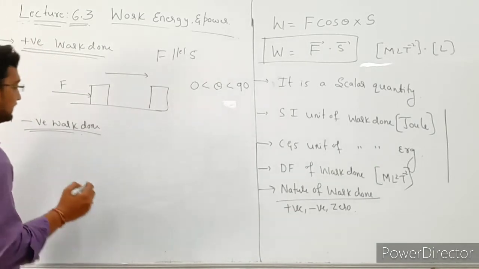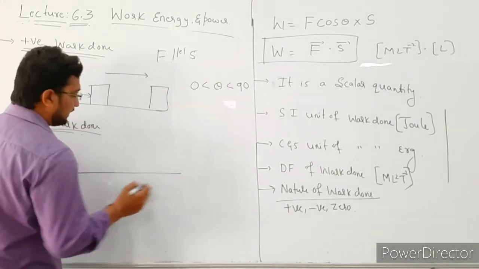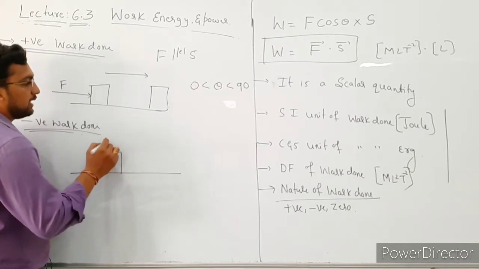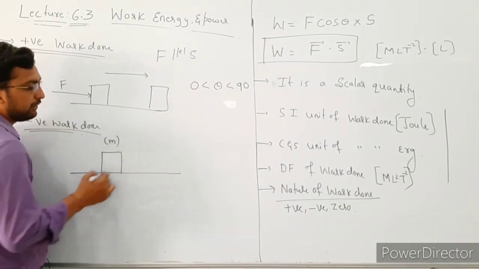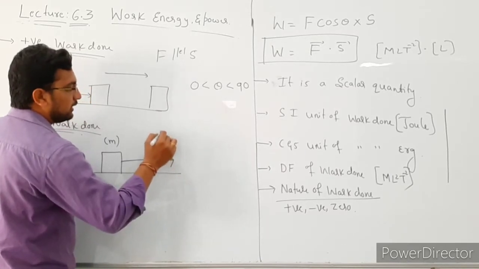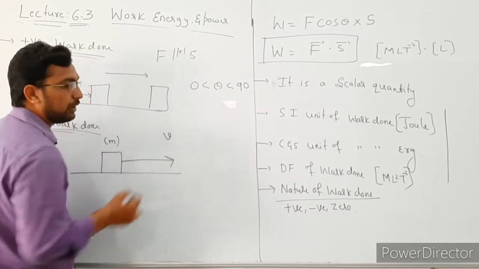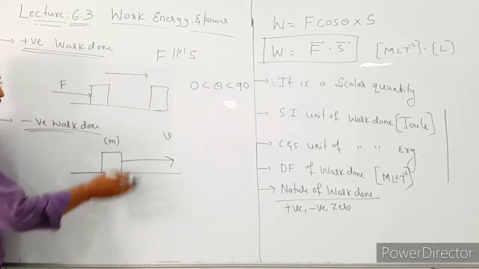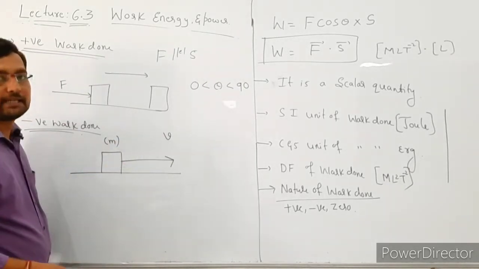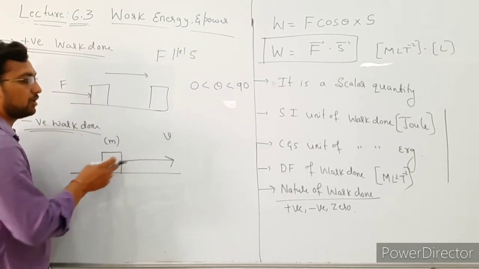Okay, see here, consider a horizontal surface. A block is placed on the horizontal surface. The mass of this block is m. Initially it is at rest. Afterwards we exert a force on this block.